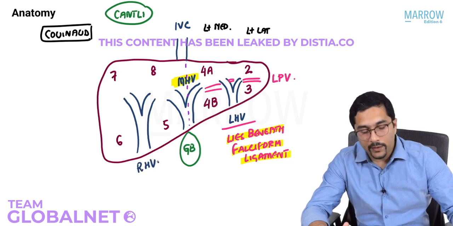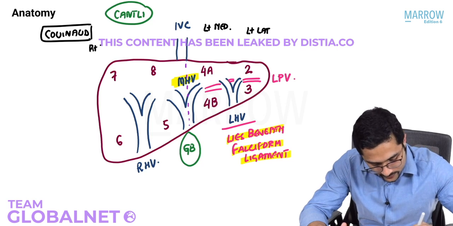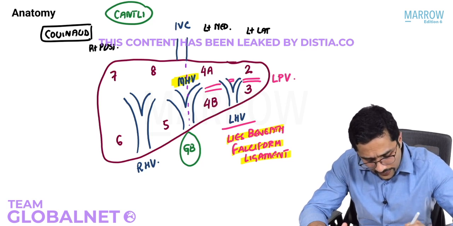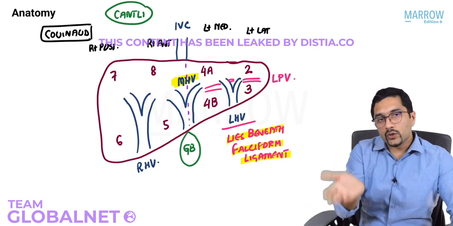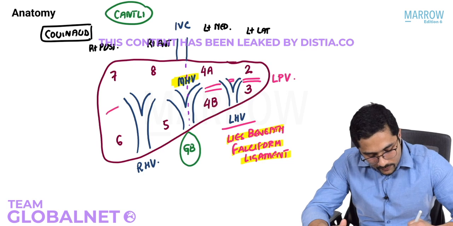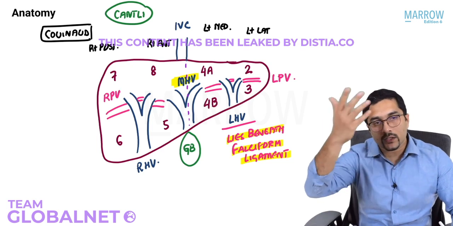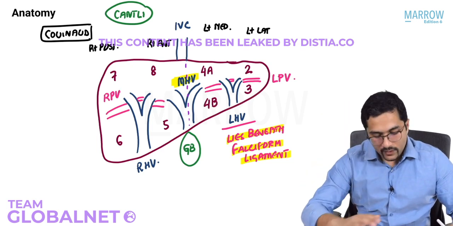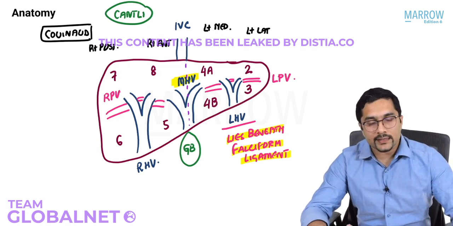So this is the right hepatic vein, and 6 and 7 are right posterior, and 5 and 8 are right anterior. Similarly, the superior and inferior division is based on the right portal vein tributary. This is the right portal vein tributary which divides it into superior and inferior. So this is a quick way of dividing the liver into 8 segments.